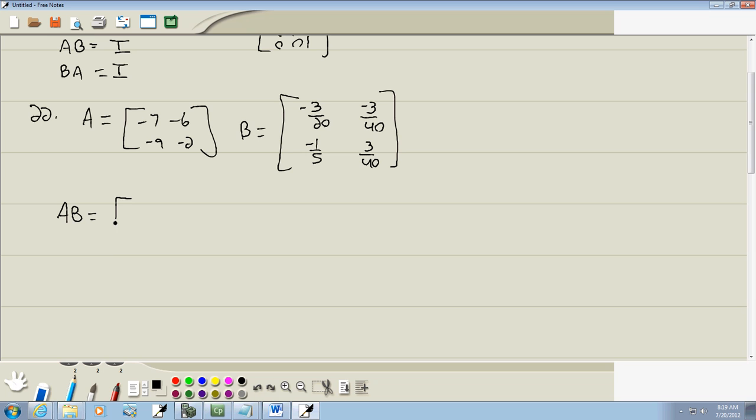So let's go ahead and multiply A times B. I'm going to take row 1 of A times column 1 of B. So I got negative 7 times negative 3 over 20, and negative 6 times negative 1/5.